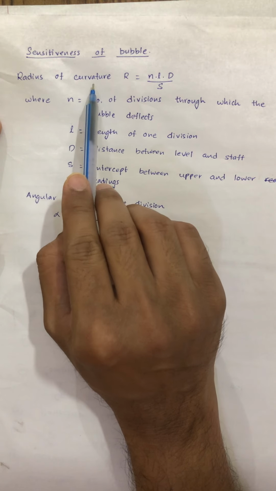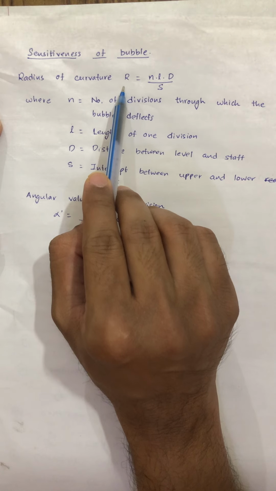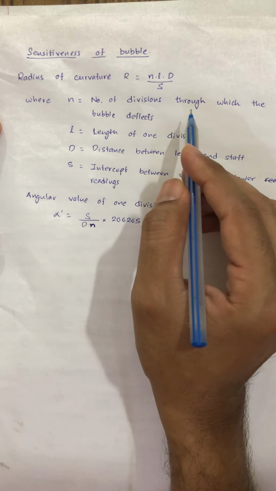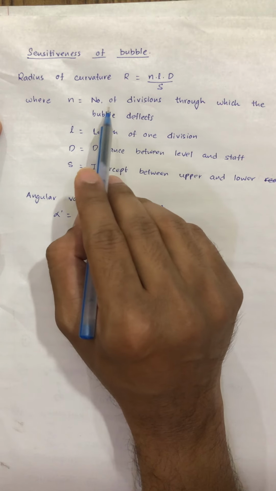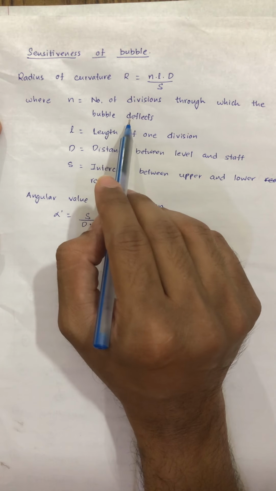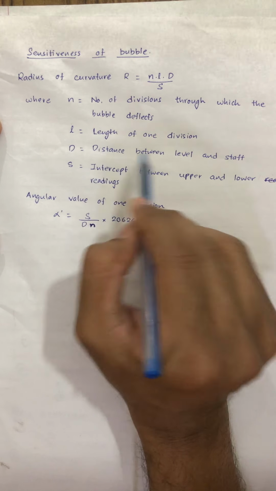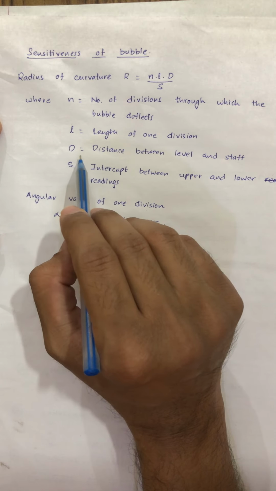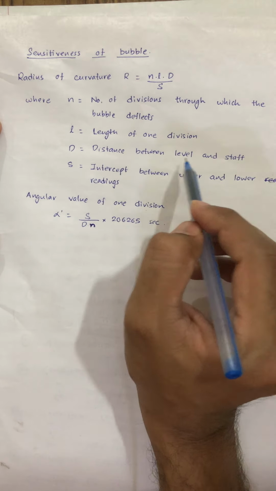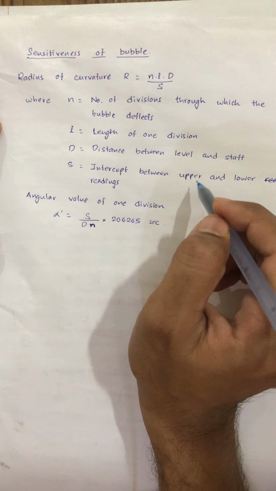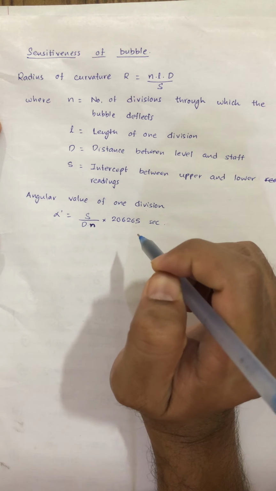The radius of curvature formula is given by R is equal to N into L into D upon S. Here N is the number of divisions through which the bubble deflects. Small l is the length of one division. Capital D is the distance between the level and the staff. And capital S is the intercept between upper and lower readings.